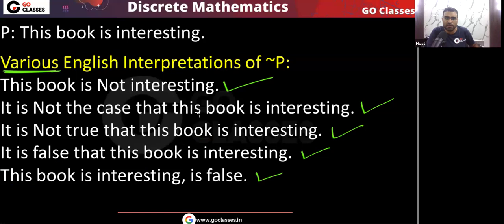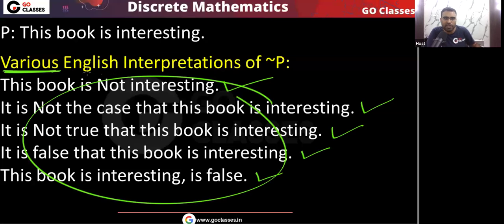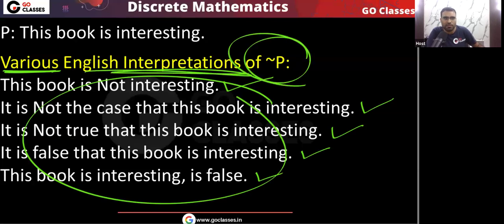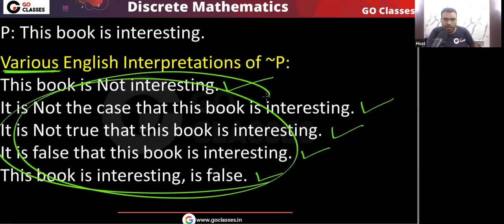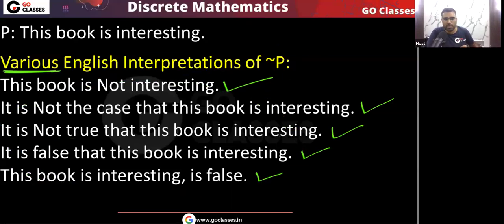Okay, tell me, is this understood? Let me know. So remember, all these statements are same. All these are different English interpretations of negation P. Okay, this negation P, you can read any of these way in English. I hope this point is clear.